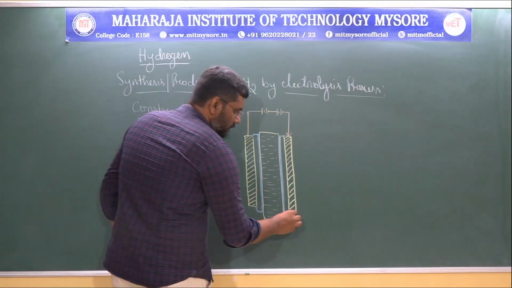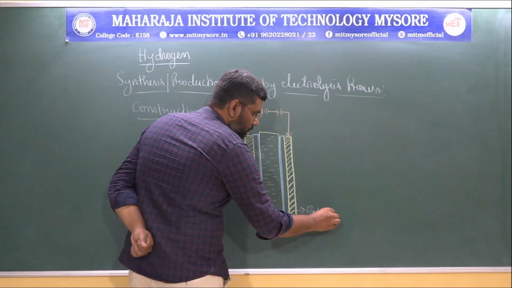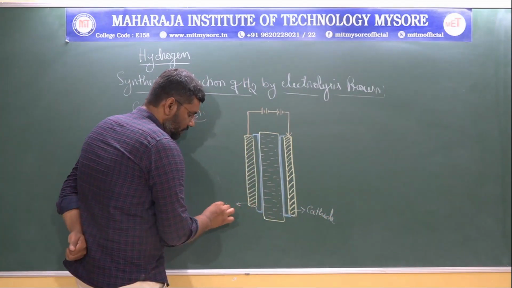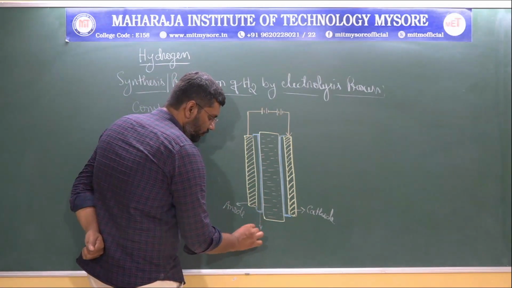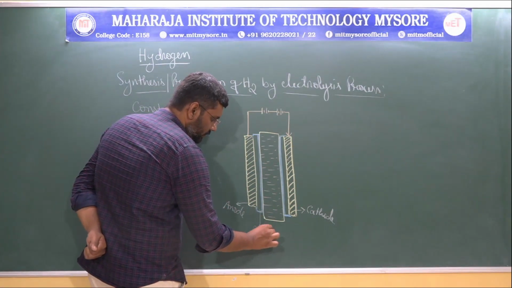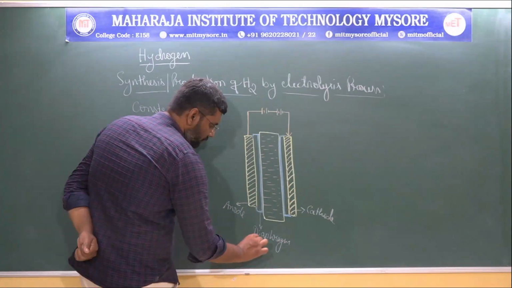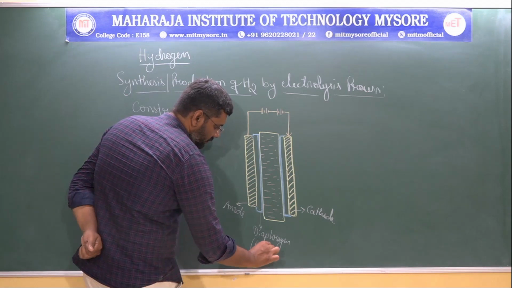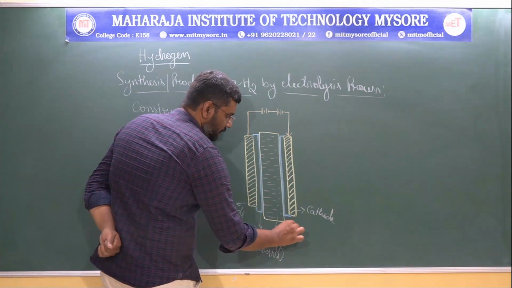So now this is the cathode and this is the anode, and there is the presence of a diaphragm, which is purely made up of asbestos material.